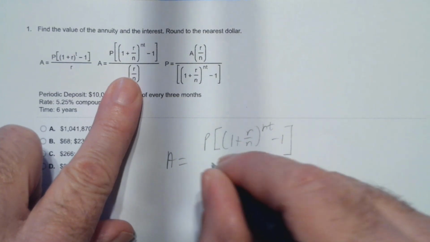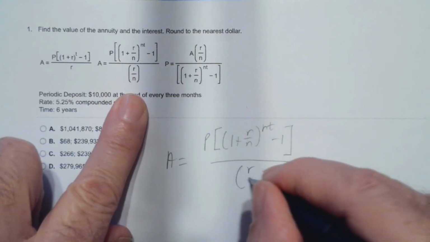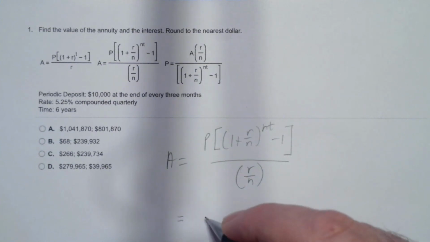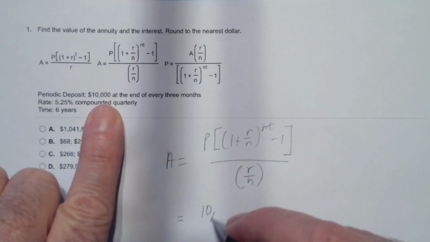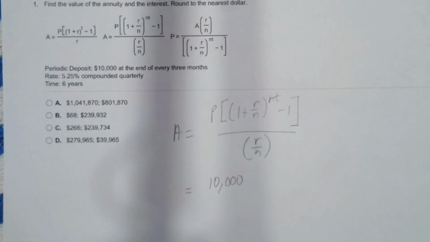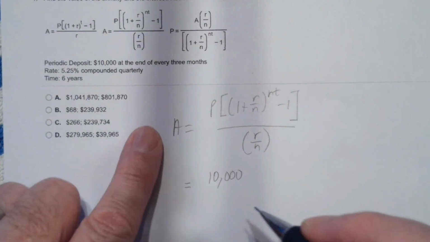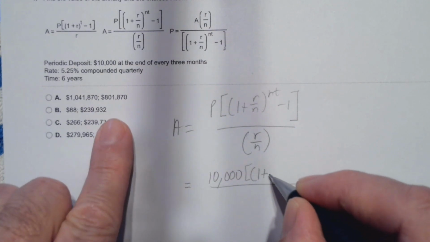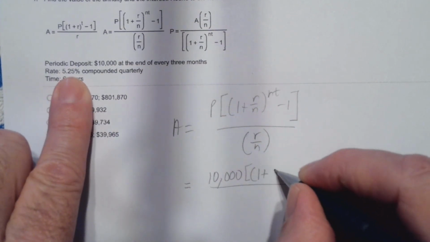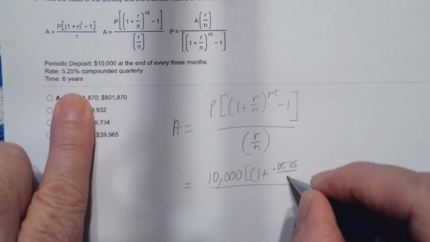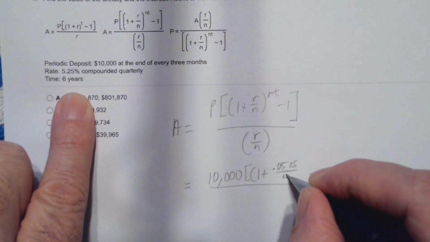You can see why you want to have a nice calculator for one like this. So we have P, our periodic payment is $10,000, times 1 plus, we'll move that decimal 2 places to the left, so it'll be 0.0525 over N, which is 4.